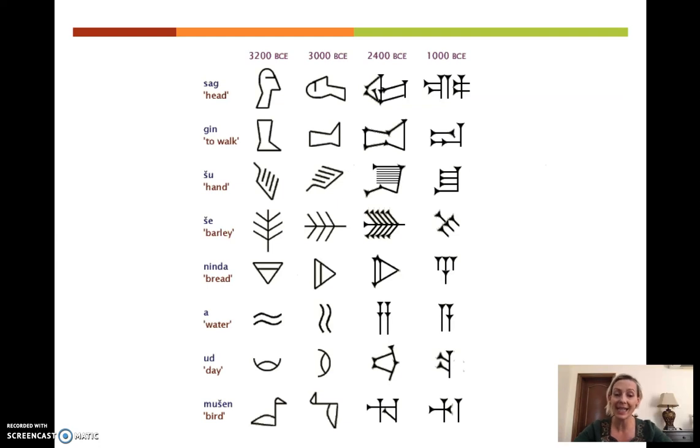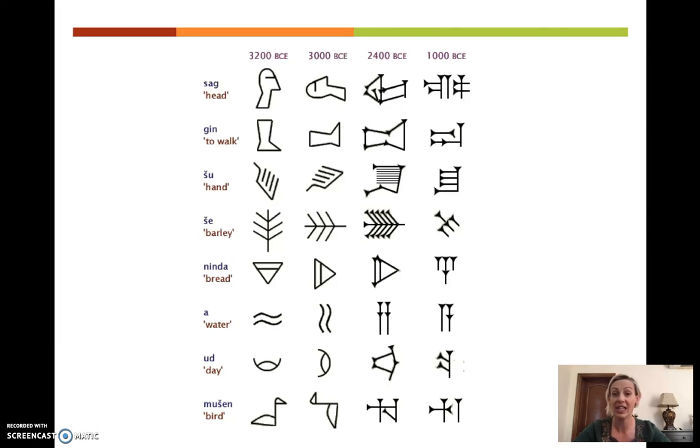And you can see the examples of symbols here. You have various words, and the oldest versions of them are on the left, and that's from over 3,000 years BC. And now the newer versions from 1,000 years BCE. And you can see that in the beginning, the symbols really did look exactly like the thing that they meant.